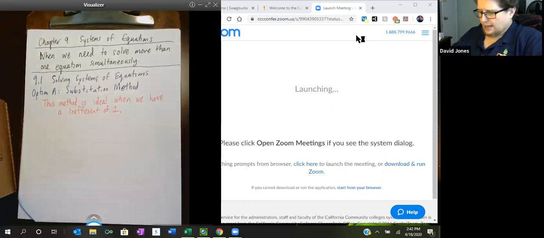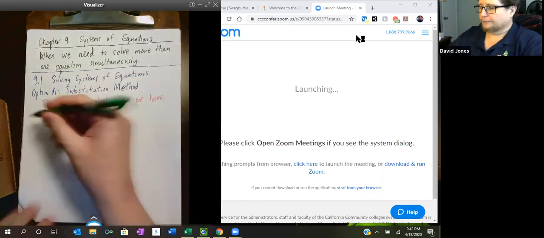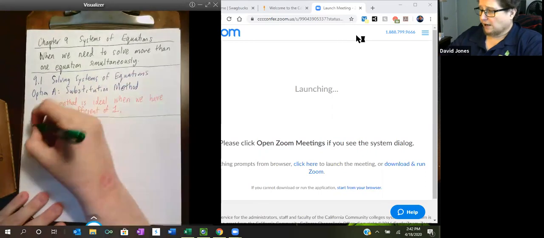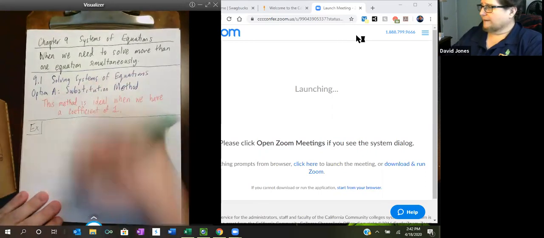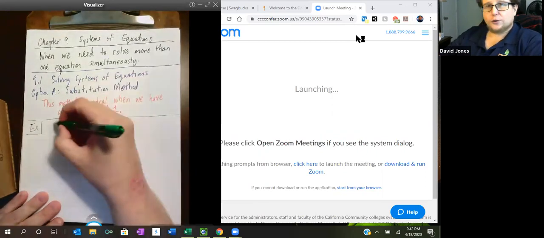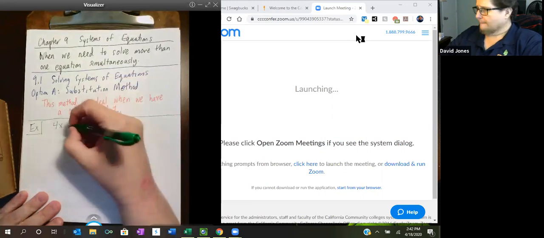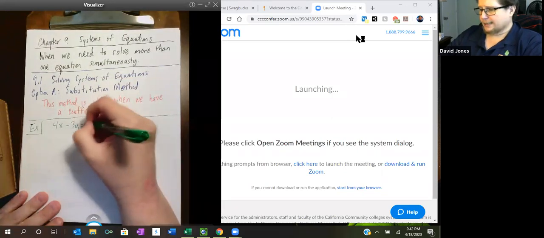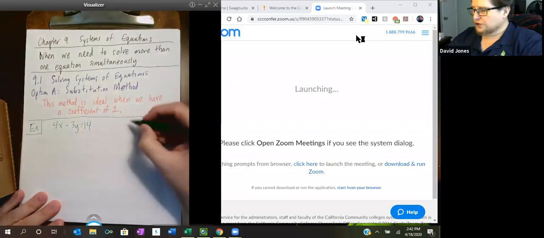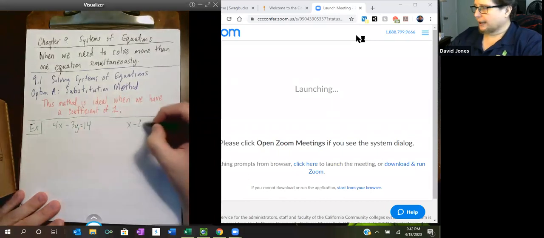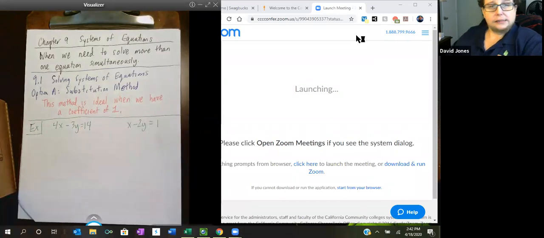So let's take a look at it. Let's just set up our first example. Our first example, we have two equations. Our first equation is going to be 4x minus 3y equals 14. And our second equation is going to be x minus 2y equals 1. We need to solve these simultaneously. Okay?